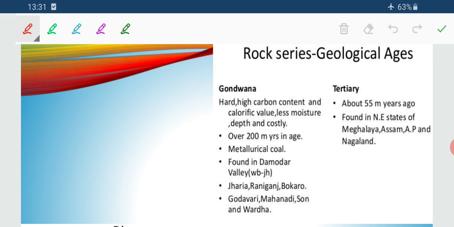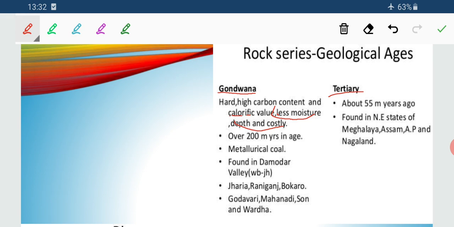Now we are having 2 rock series, Gondwana, which is the older rock series, and tertiary, which is the new rock series. Now Gondwana rock series, where we are having high carbon content, means high grade, high carbon content and high calorific value, and less moisture, and it's costly. Why is it costly?